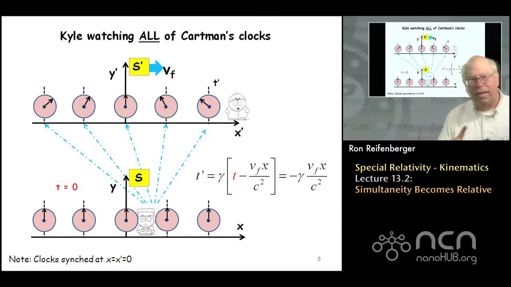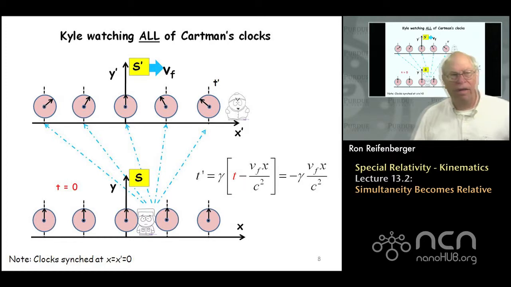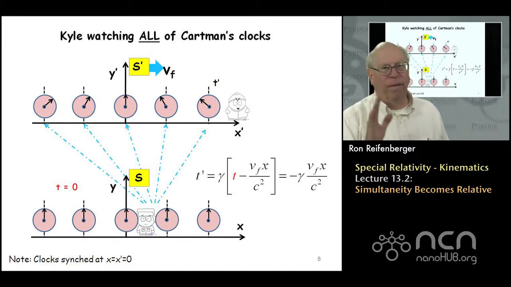The other point I'll make is notice that if x is equal to 0, then the two clocks are in fact synchronized. So if this clock at x equal to 0 reads t equal to 0, then also this clock at x prime equal to 0 also reads t equal to 0. And of course, that's an assumption we've been making all along.